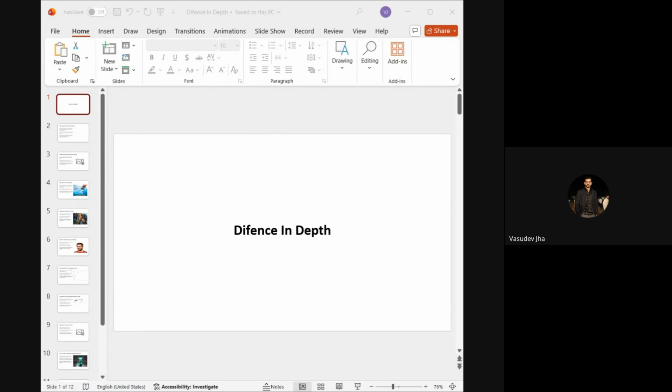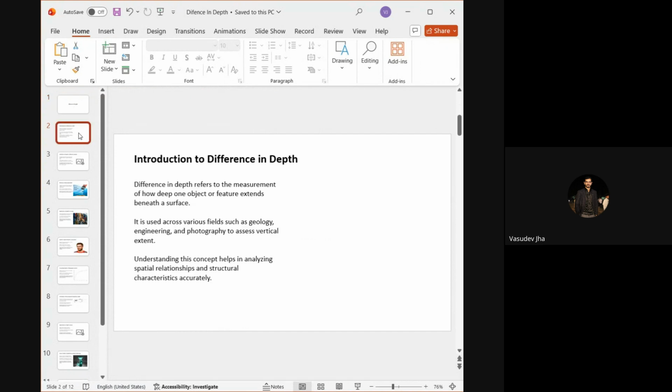Now defense in depth refers to the measurement of how deep the object or feature extends.